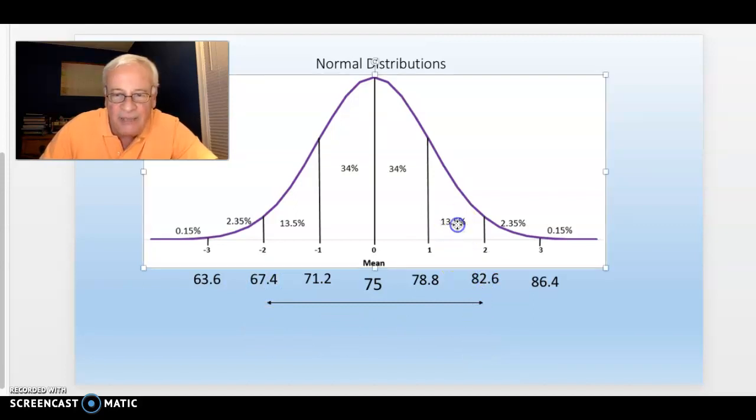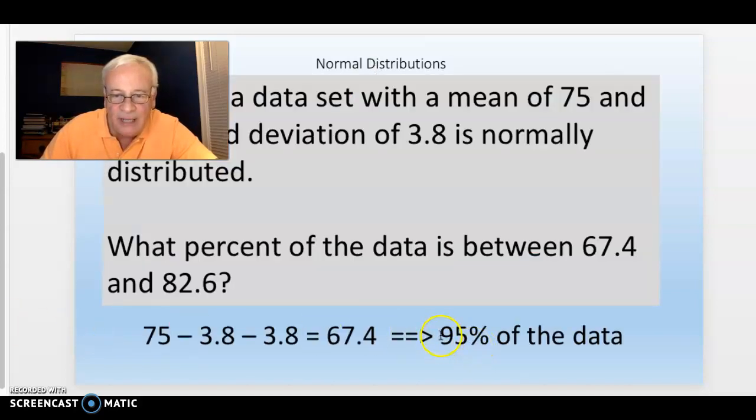So let's just add up these four percentages: 13.5 plus 34 plus 34 plus 13.5, and we end up at 95%. 95% of the data.